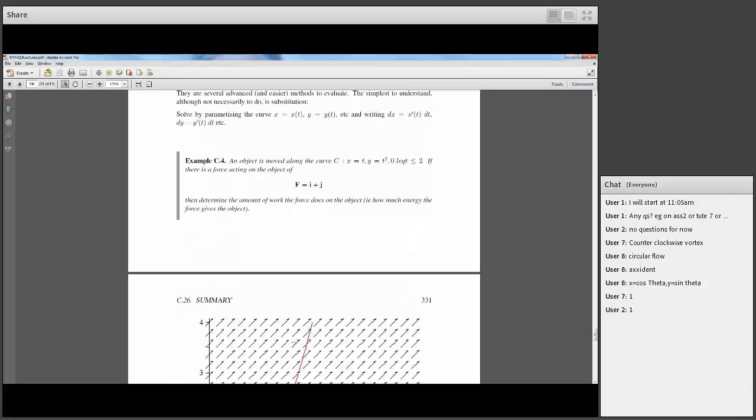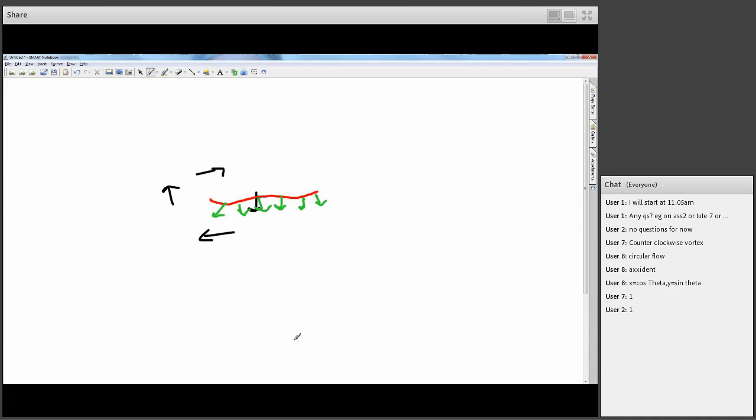There is a relationship between all of these things. The total amount of flow along the curve is the flow dot product with the tangent vector ds, and, let me get this right, the unit tangent vector.